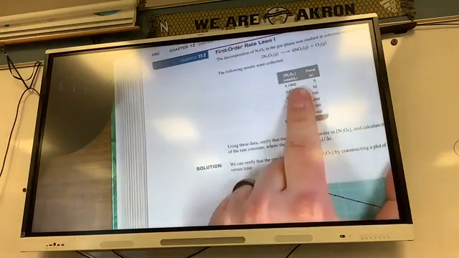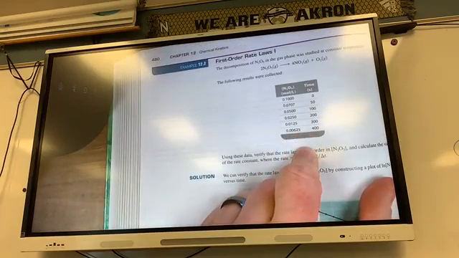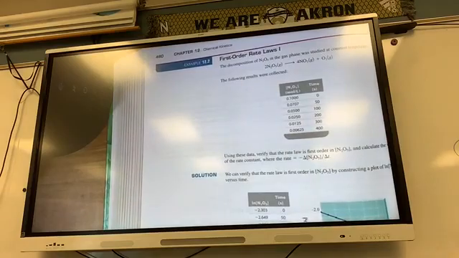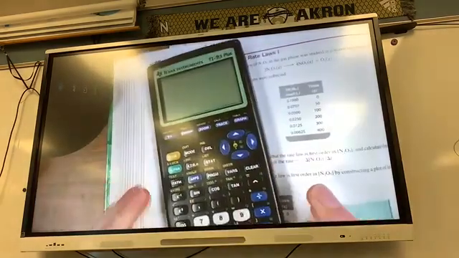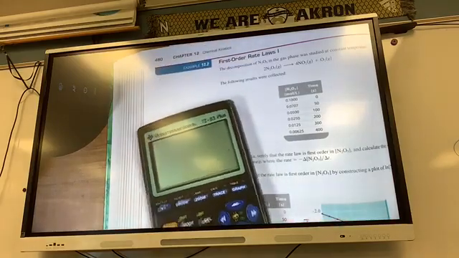We're looking at this table. Okay. Can you guys see this table? Yes. Okay. We need to graph this data.